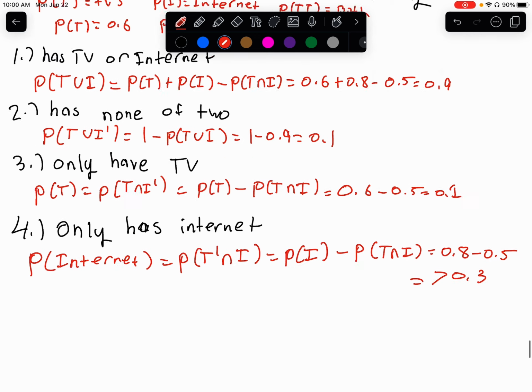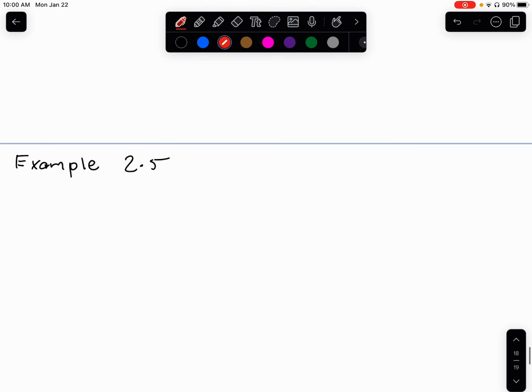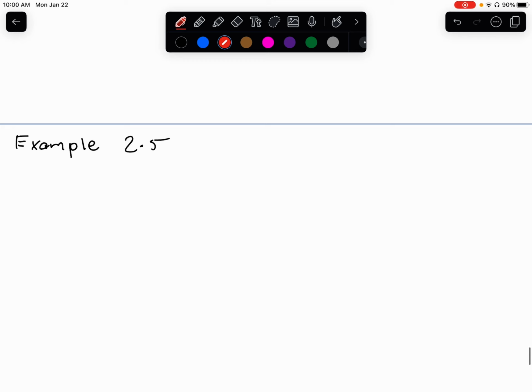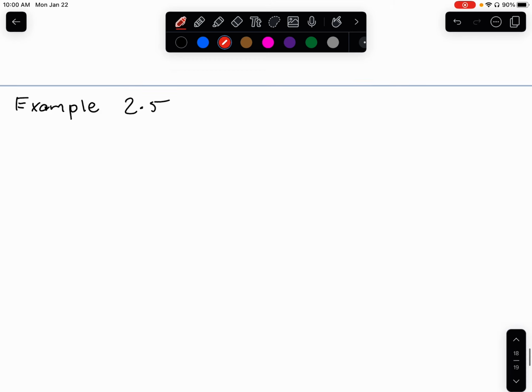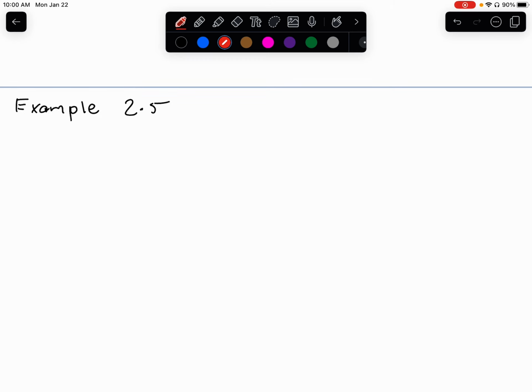So our next point, as we scroll down, we have an example. Our next example can be described as the following: a clothes dryer has two types, electric or gas.